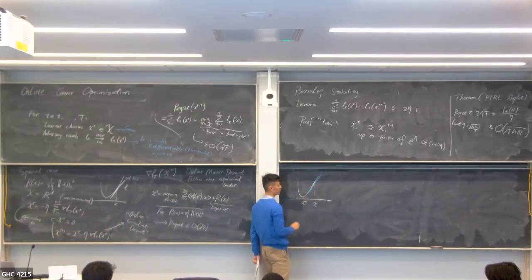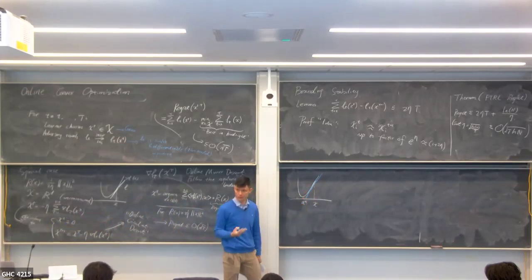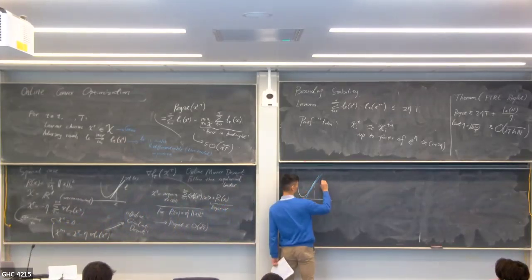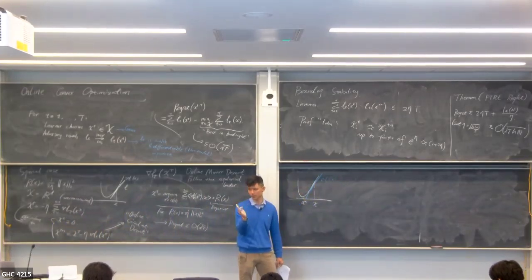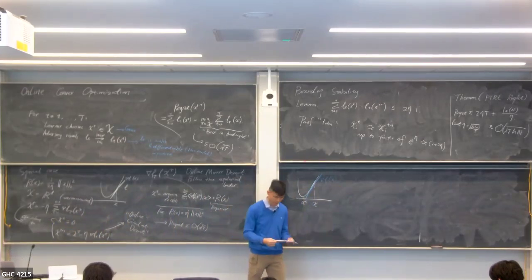Okay, this is sort of the gradient. This is the gradient of the loss at x. The slope is given by this gradient. It's 1D, so it's really just the derivative.